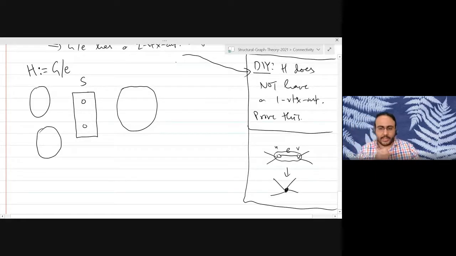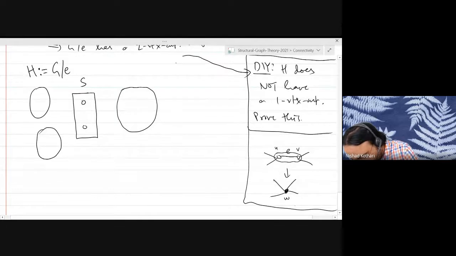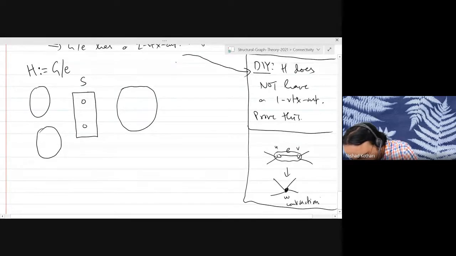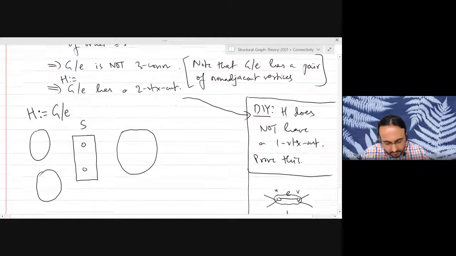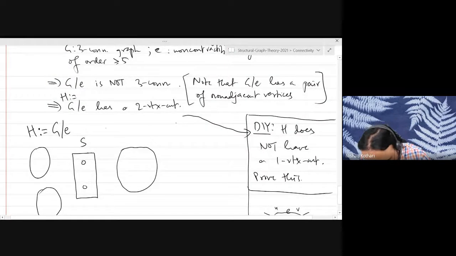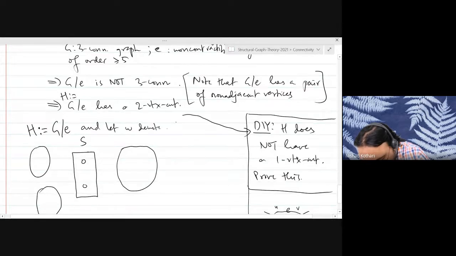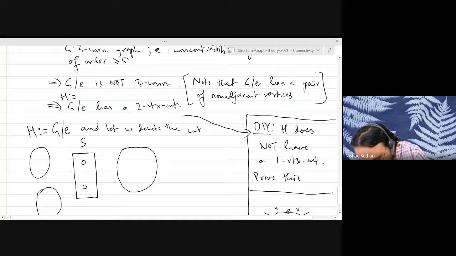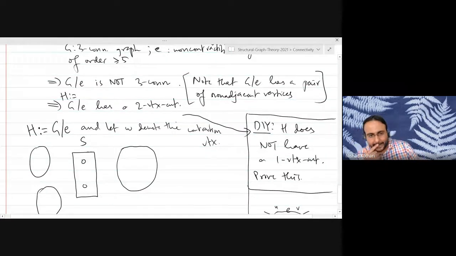It pushes this edge into a single vertex. This will be called the contraction vertex. Let W denote the contraction vertex.